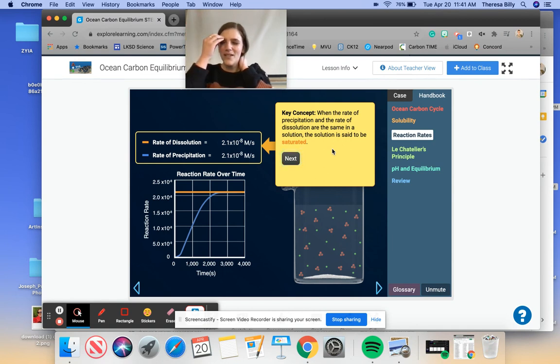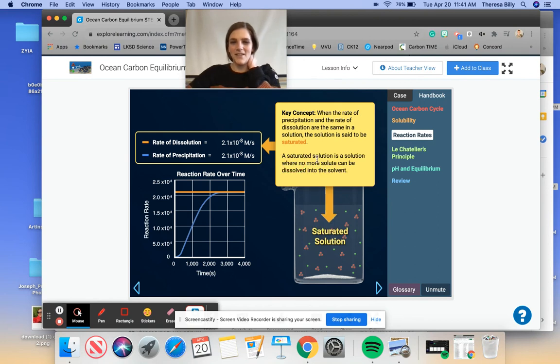But you have to keep remembering that when you get to that point, those ions are constantly in flux, right? They're turning into ions, and then the ions are turning back into calcium carbonate, and then they go back into the ions, and this process just keeps happening over and over again. Everything's in equilibrium, and so then we can call it saturated. Can't fit any more ions. They only have one option. They have to turn back into calcium carbonate.